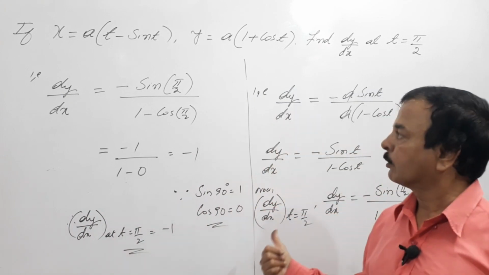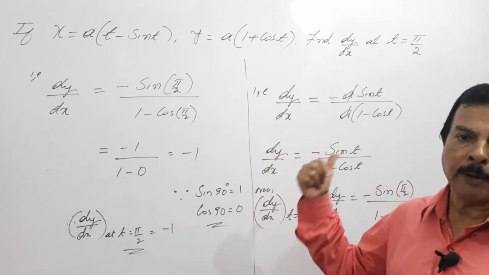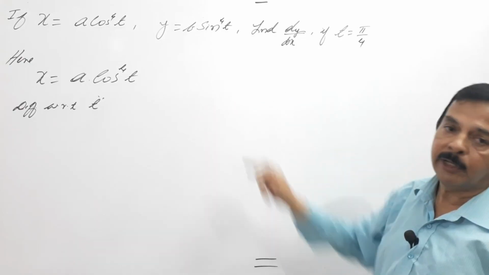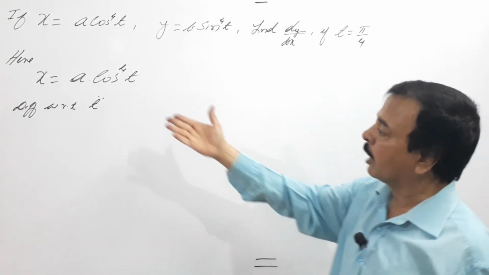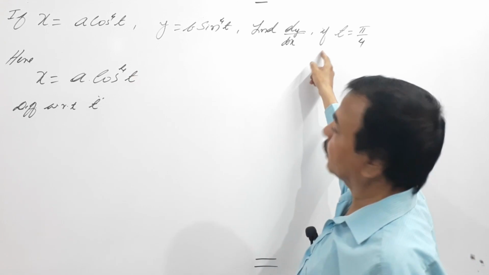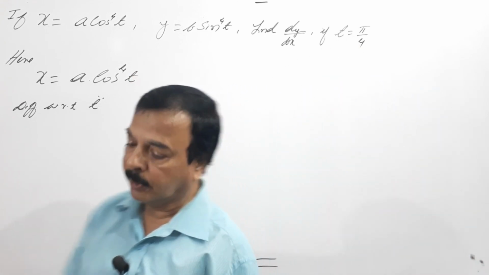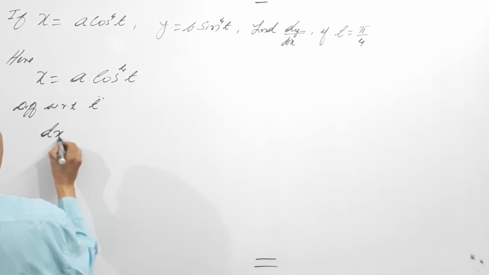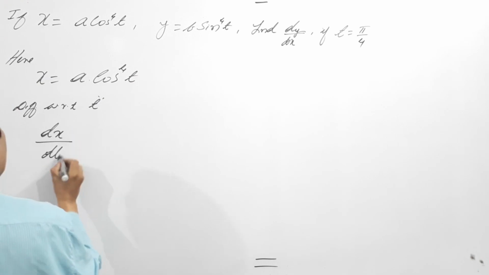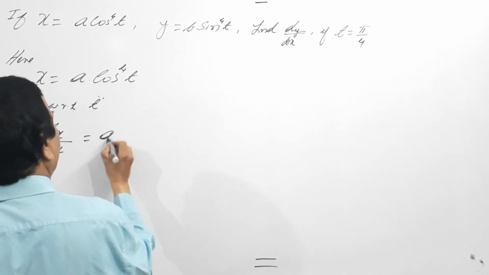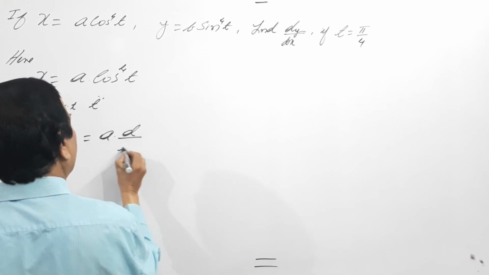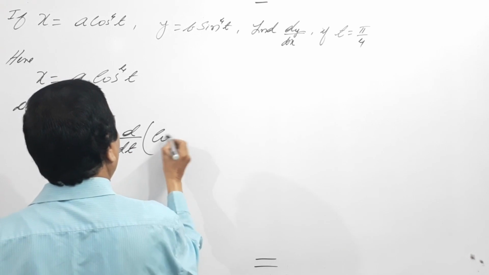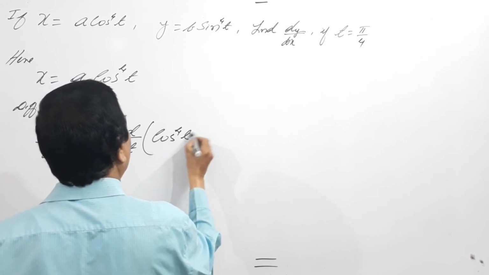This is how we have to solve the problem on parametric functions. So we'll go for the next problem. You have to differentiate with respect to t. So I am differentiating this with respect to t. What happens? dx by dt equals a, I take a outside, d by dt of cos to the power of 4 t.